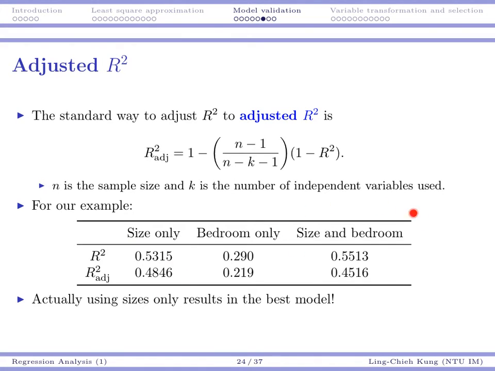If we use both variables, adjusted R-square is actually smaller, around 45%. So we will say that using size only is actually better because its adjusted R-square is higher. So that's the idea. When we want to compare different models with different numbers of independent variables, using adjusted R-square is a better idea in general.